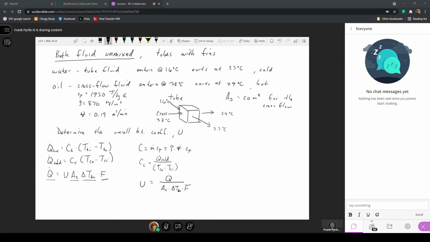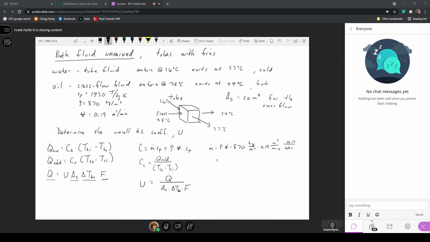So the first thing we need to find is the mass flow rate, which is just the product of the density and the volumetric flow rate here. So if the mass flow rate m dot is rho times V dot, then the density here is 870 kilograms per cubic meter, and the volumetric flow rate is 0.19 cubic meters per minute, and there are 60 seconds in a minute.